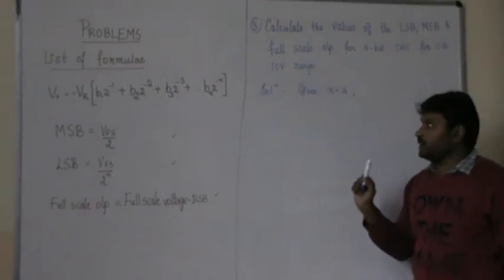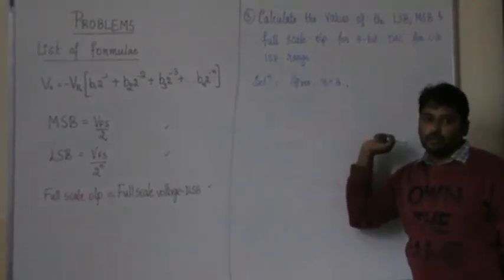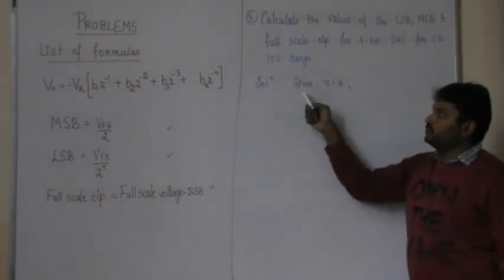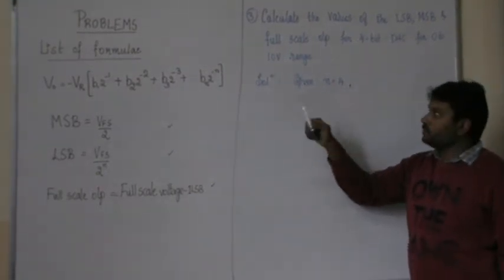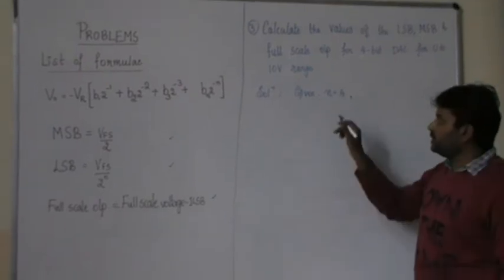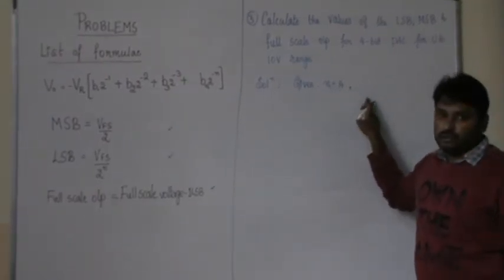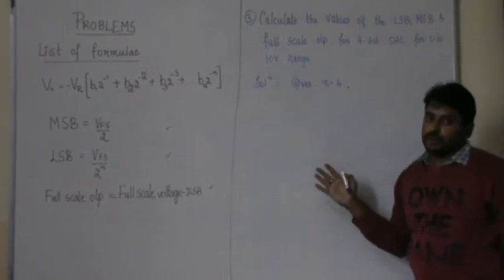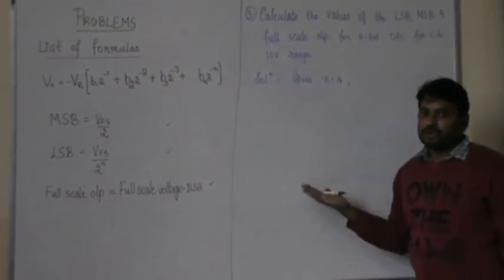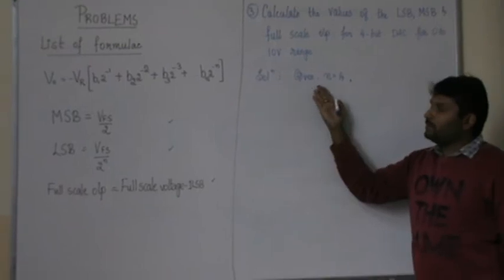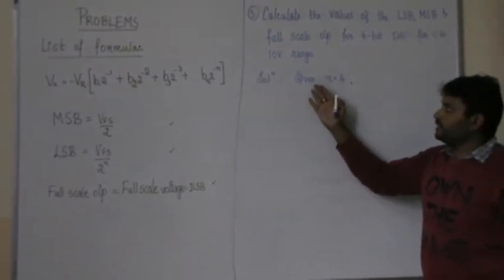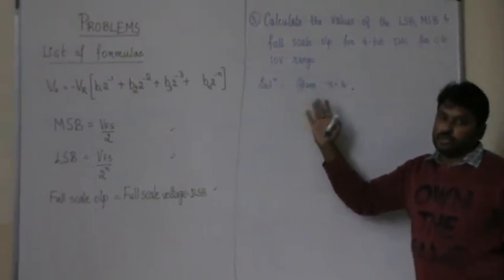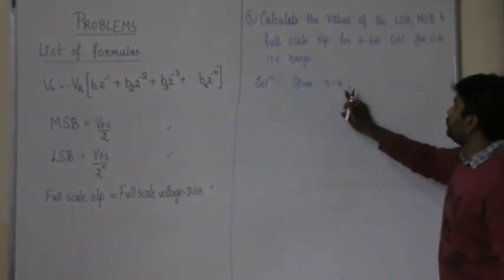Marks will be given for the given as well, because you will be able to write the given only when you have understood the concept. Sometimes a few students may have forgotten the formula and may not be able to solve the problem, so a minimum of 1 or 1.5 marks will be given for writing the given. So n is equal to 4.